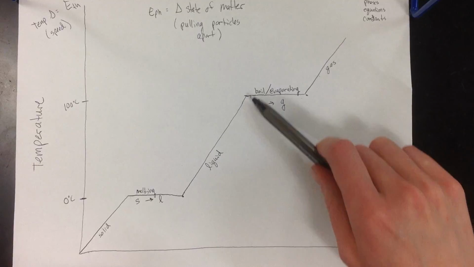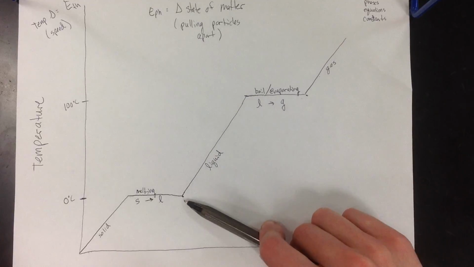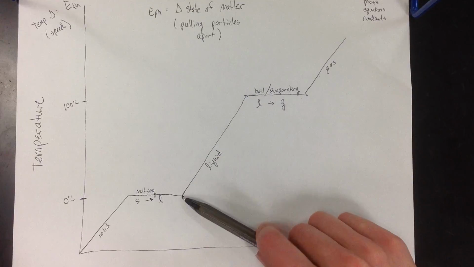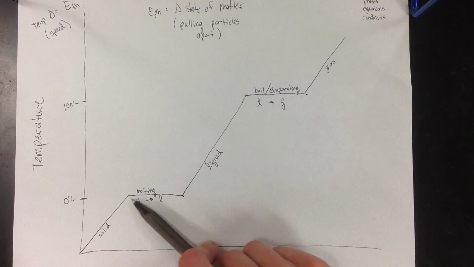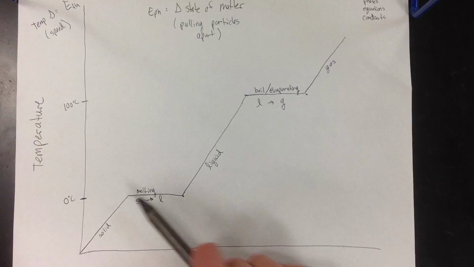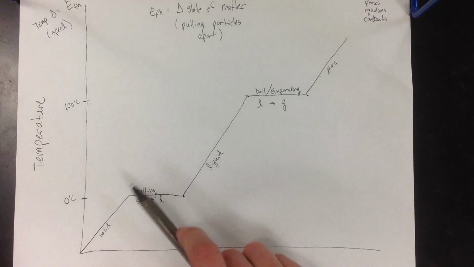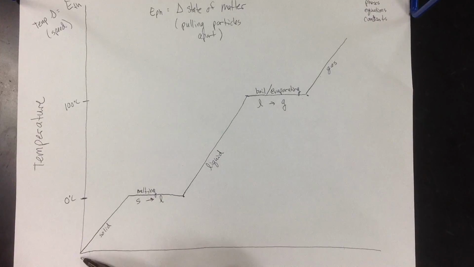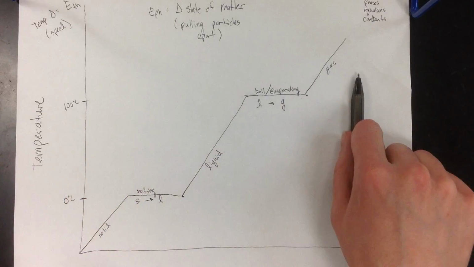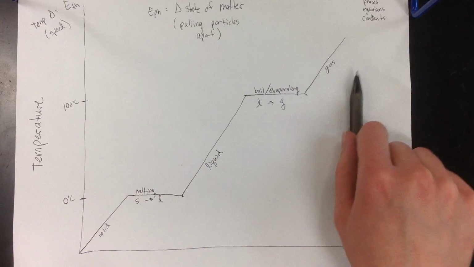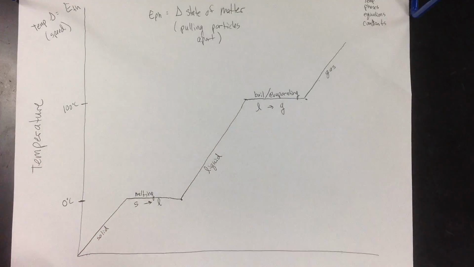I can cool down my liquid, so instead of at 100 degrees, it's now at 0 degrees. I can stick it in the freezer, and instead of melting, it's going to be freezing, going from liquid to solid, and then I can cool that solid down more. So you can either read it left to right for a heating curve, or you can read this right to left for your cooling curve.